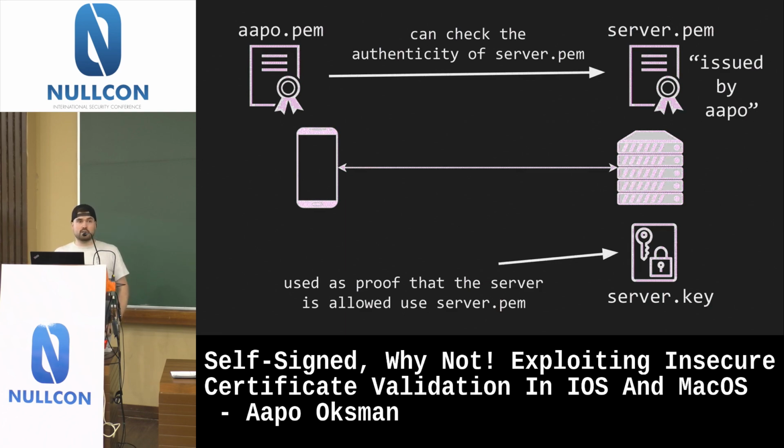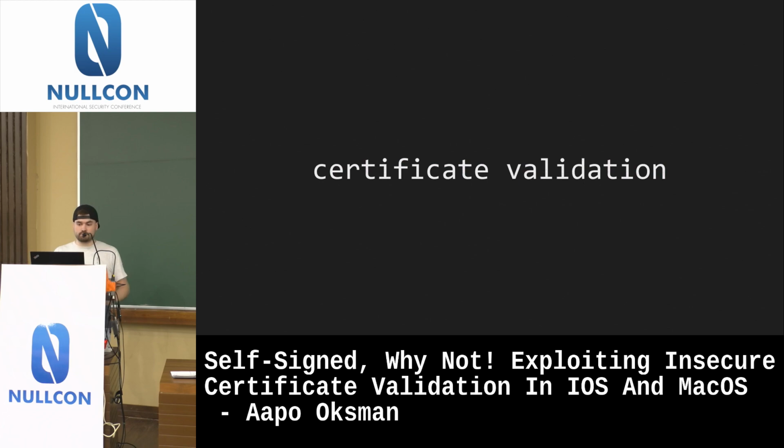And with this, your device can check the authenticity of the server, and the server can prove that they are allowed to use the certificate. And of course, to validate the certificate, you need some code to run on your device. That's called certificate validation.